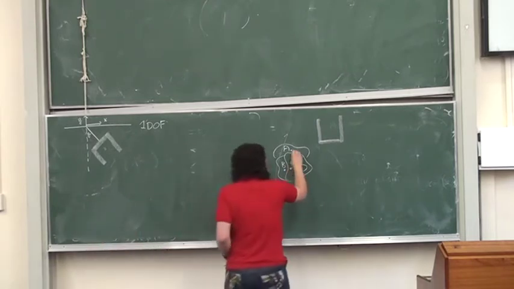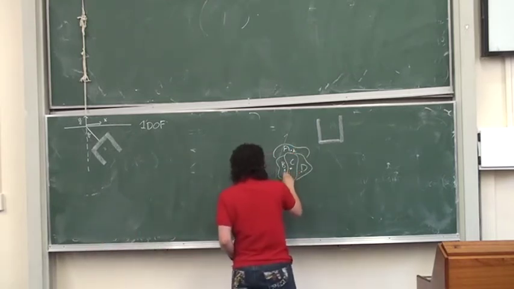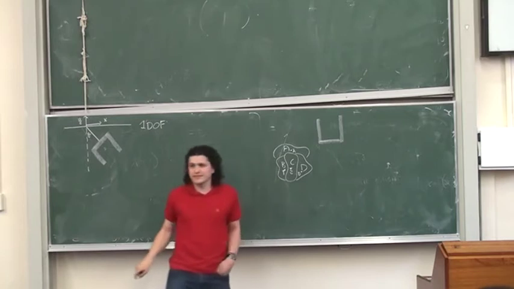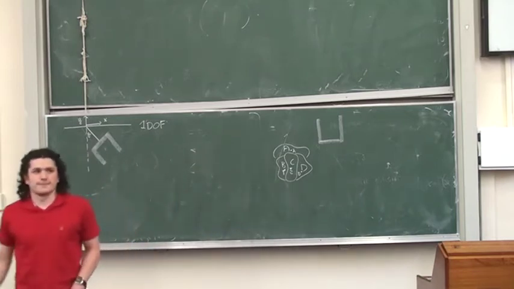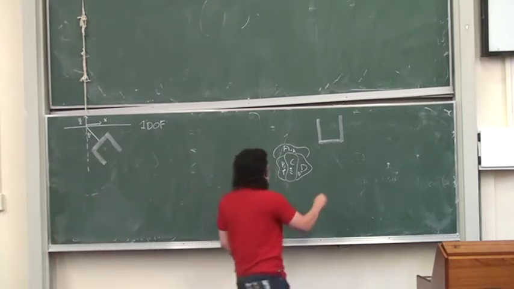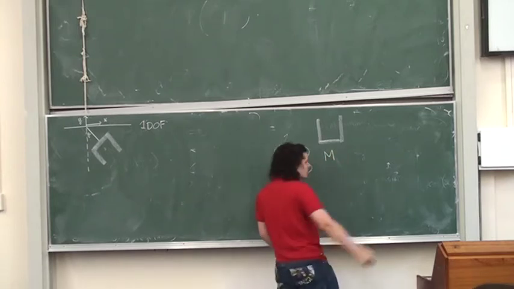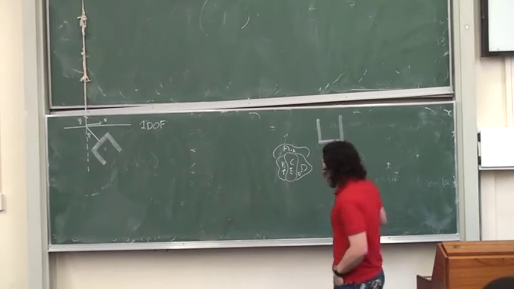Let's call it A bar is the center of mass of region A, B bar is the center of mass of region B, C bar of region C, D bar of region D.